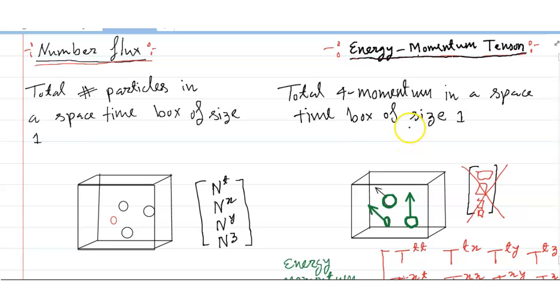You will see the diagram, friends. This is the diagram, and these are the total particles in a space-time box. You will count the total particles: 1, 2, 3, 4. 4 particles in this box. But the total 4 momentum in a space-time box of size 1 we can also count. This is the momentum of the particle.